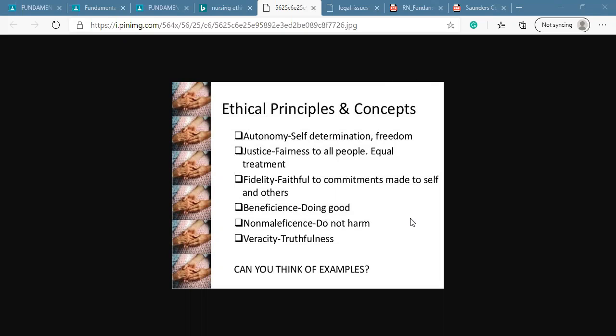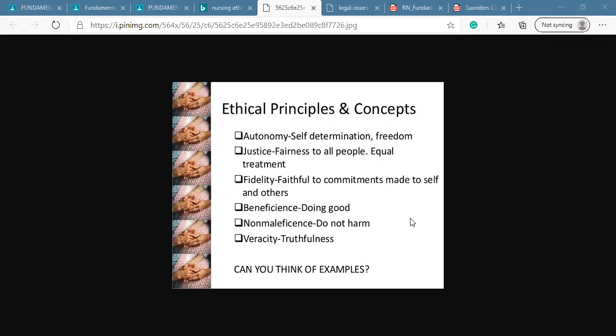As an RN or a healthcare provider, we have to explain the patient's diagnosis of the disease, what the treatment options are, right? What are the alternative treatment options? But the patient has the right to choose.